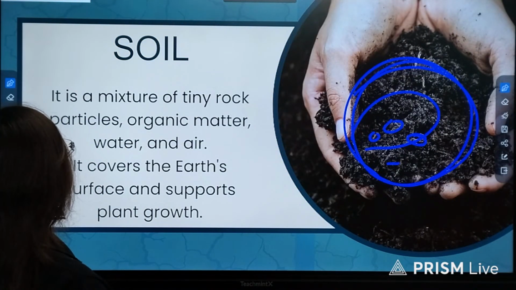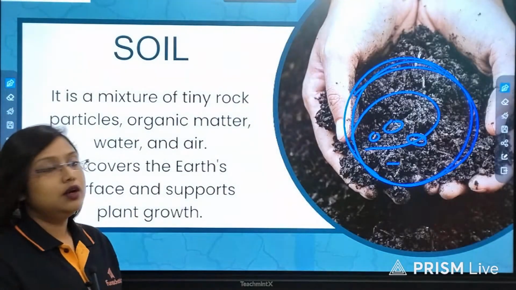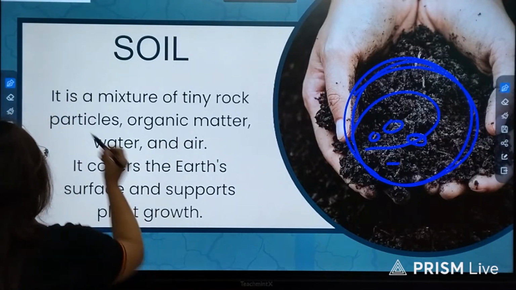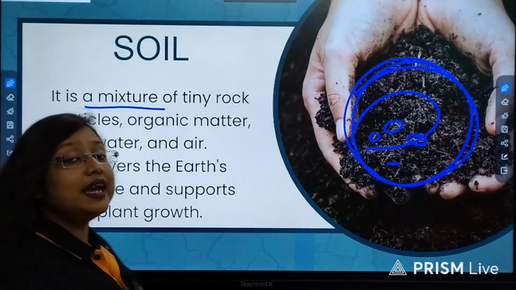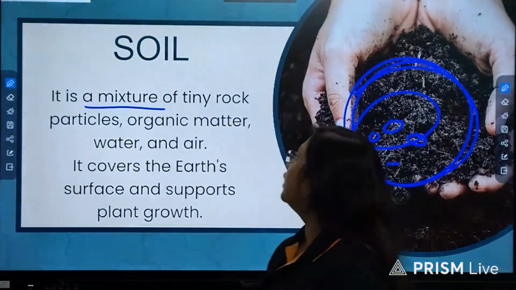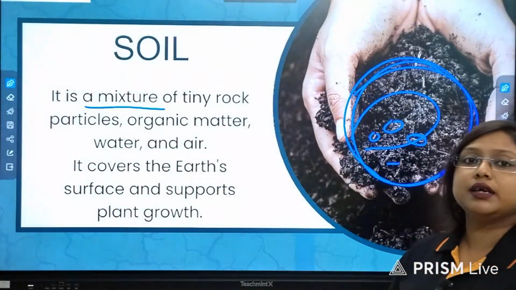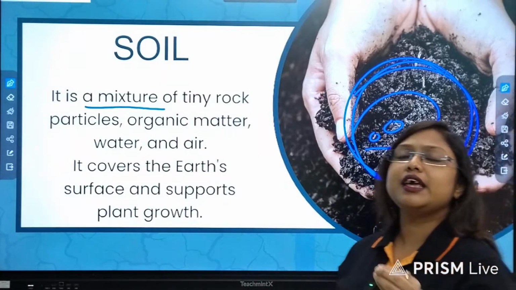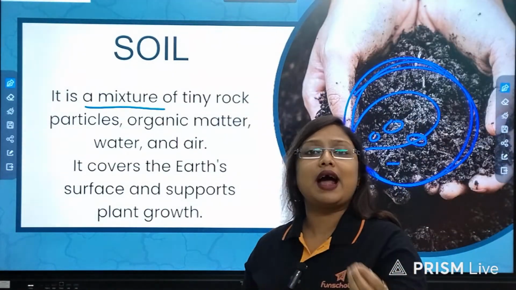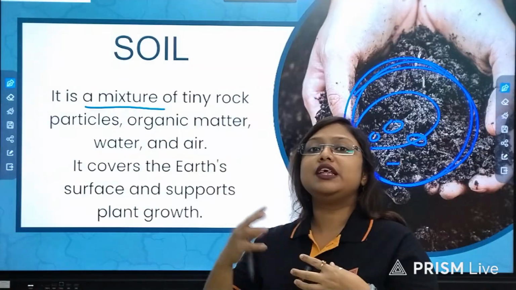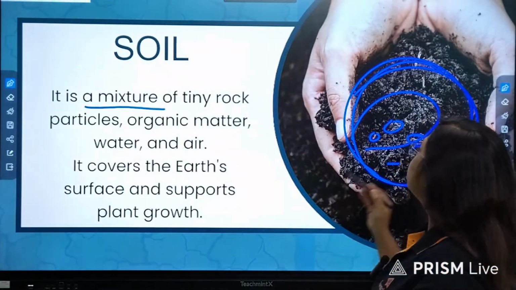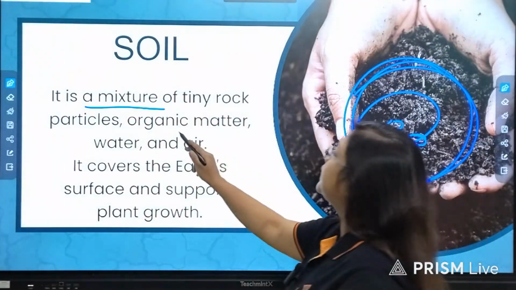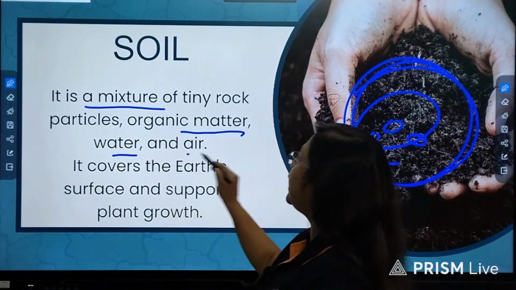So let's get to the definition. Soil is a mixture of tiny rock particles, organic matter, water and air. What exactly is soil? A mixture of tiny rocks, then organic matter, substances released, like minerals, when some plant or animal dies, and also water and air.